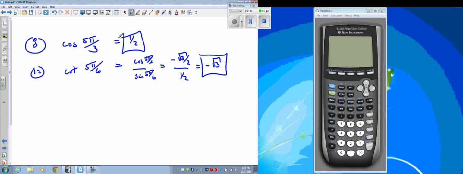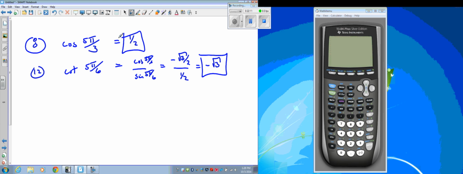So if you know the unit circle and you know the values there, then when they ask for exact, they're going to be giving you these values or multiples of them. The pi over 6, pi over 4, pi over 3, pi, and so on.